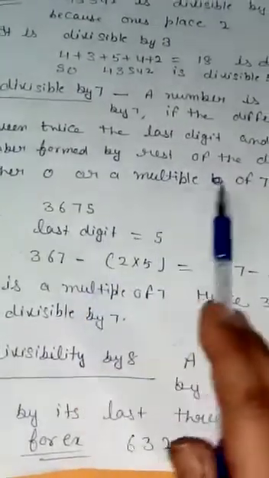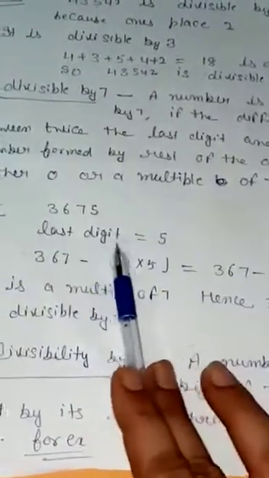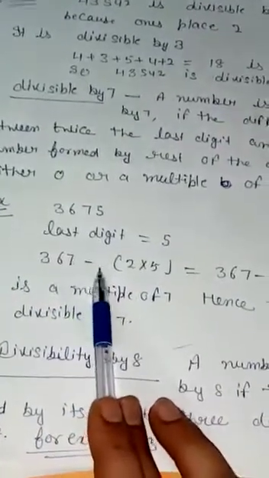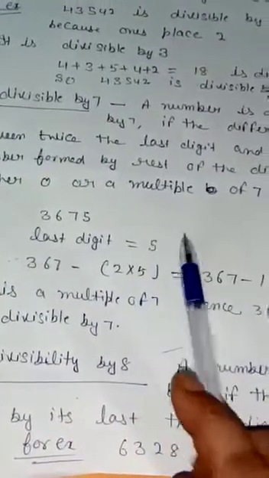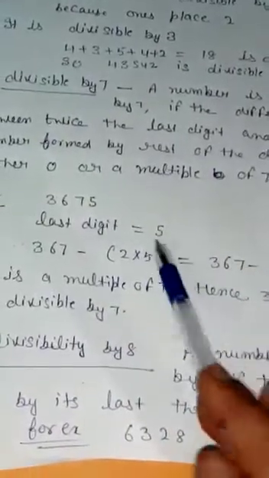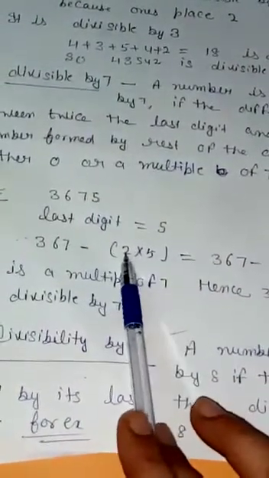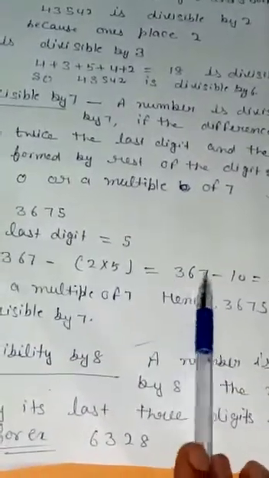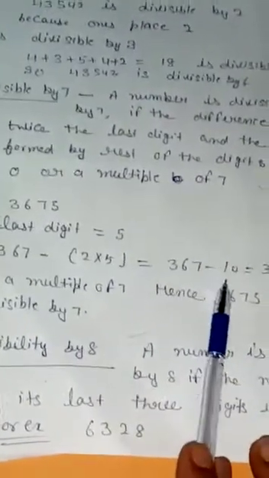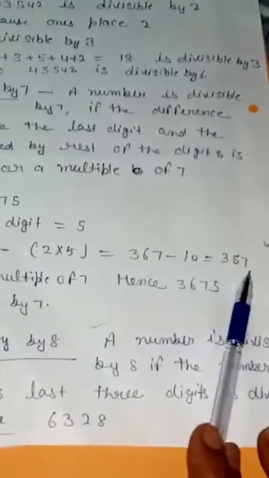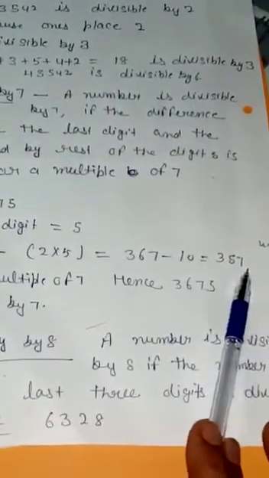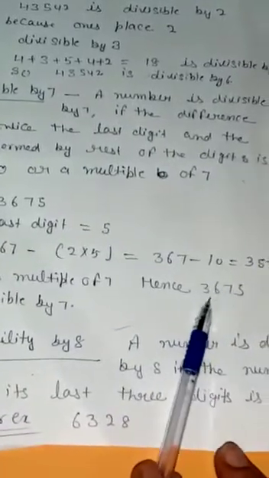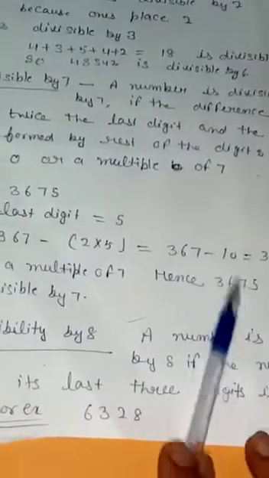The last digit is 5. 367 minus twice the last digit, which means multiply by 2, 2 times 5, so 367 minus 10 is equal to 357. 357 is divisible by 7. So the number 3675 is also divisible by 7.